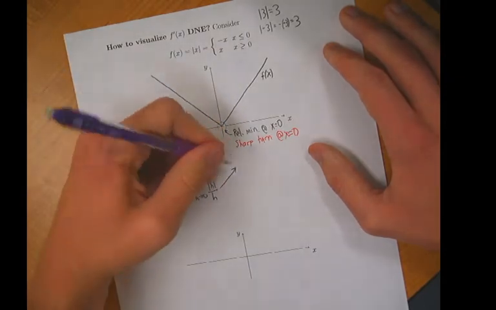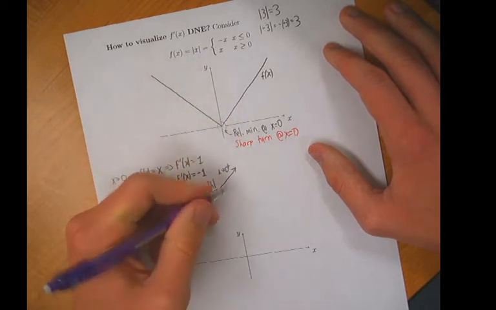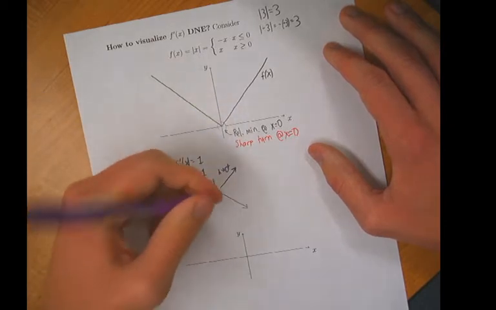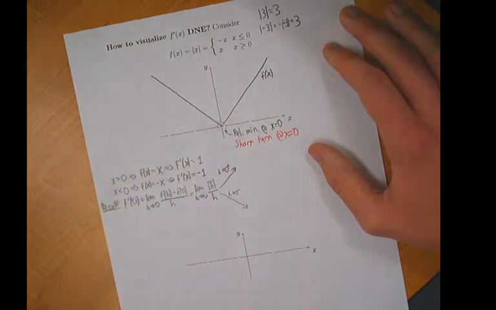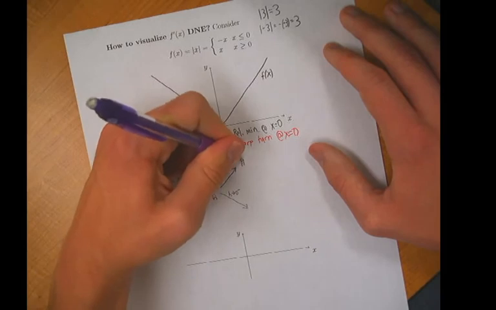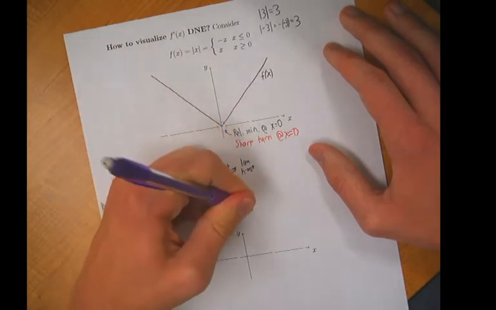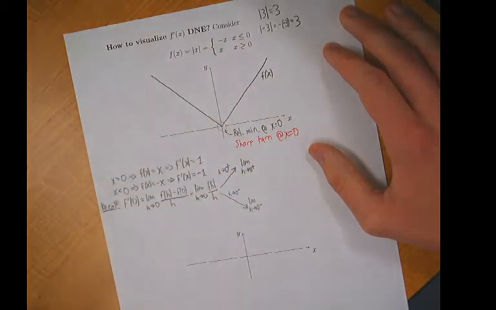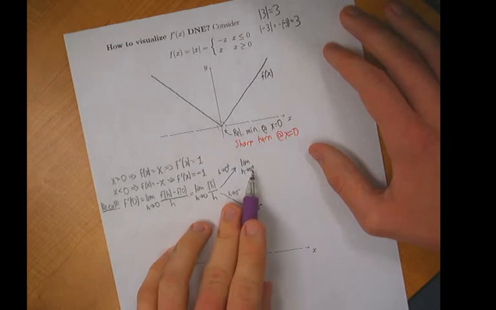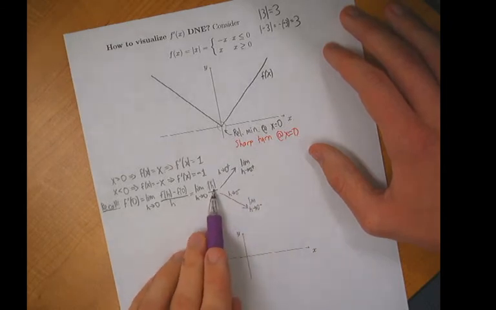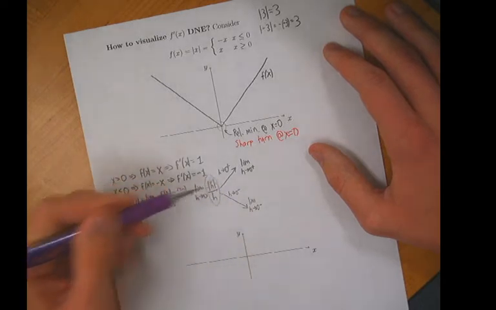So in this case, we take the limit as h approaches 0 from the right, and the limit as h approaches 0 from the left. If we approach 0 from the right, then this fraction here simplifies down to what?